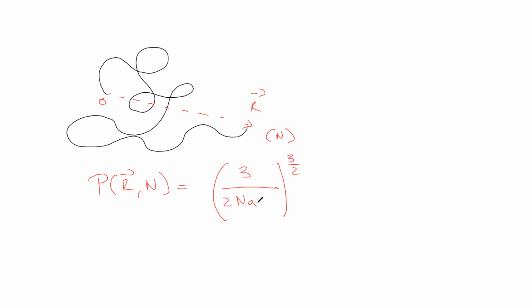It was really an idealized problem for which we were able to demonstrate that, if this one is the origin and this one is the final one, reached after n steps, the probability of having the vector R in n steps was Gaussian in 3 dimensions. So there was a 3/2 here, and we had that result. The variance appears, and the Gaussian aspect is here.